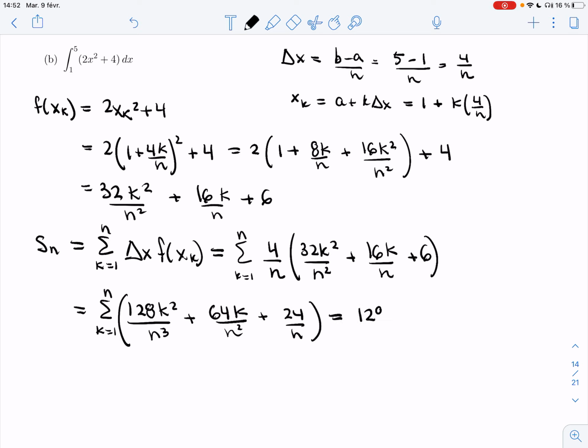We can split this. I'll get 128 over n cubed times the summation of k squared, plus 64 over n squared times the summation of k, plus 24 over n times the summation of 1.